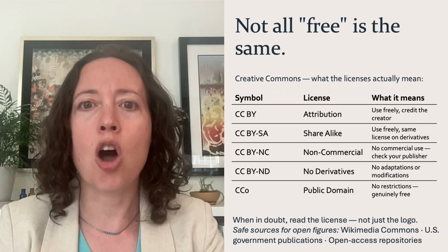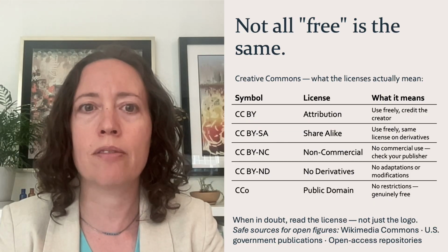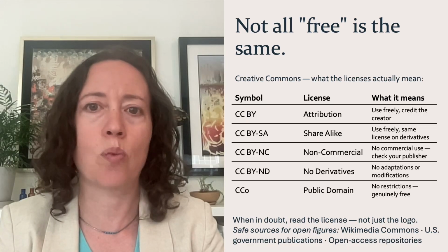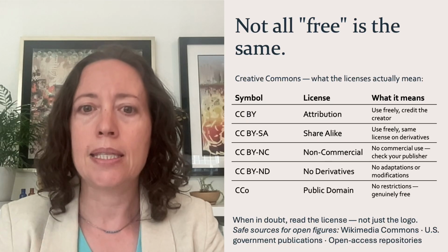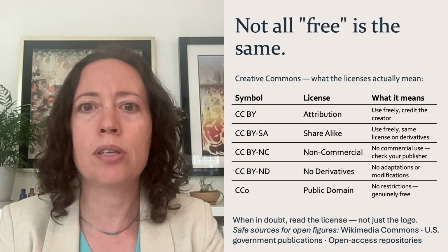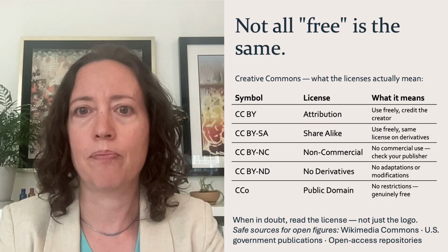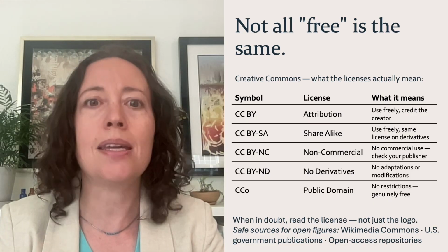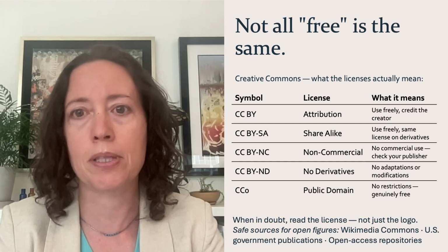Some images online are explicitly licensed for reuse. That's what Creative Commons licenses are for. But Creative Commons isn't one thing, and this is where people get tripped up. CC BY means that you can use it with attribution, which is relatively straightforward. But CC BY-NC means you can use it with attribution, but not for commercial purposes.